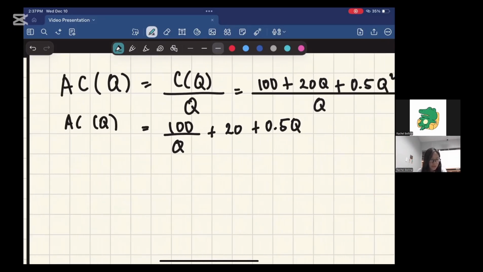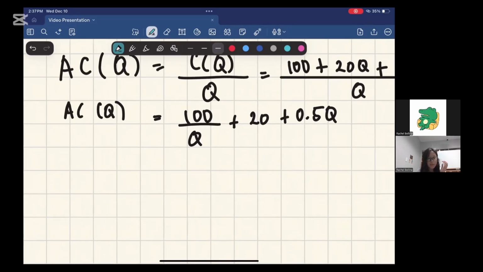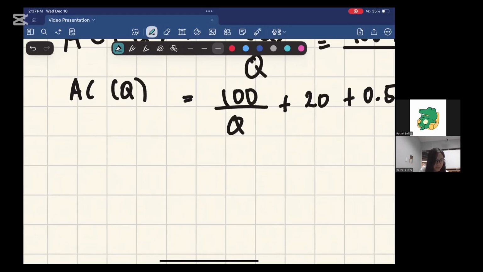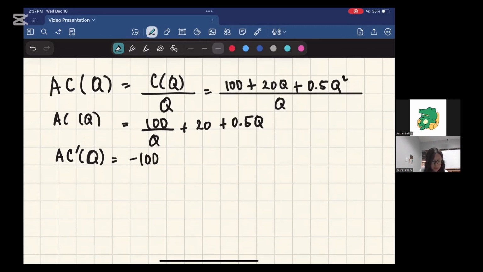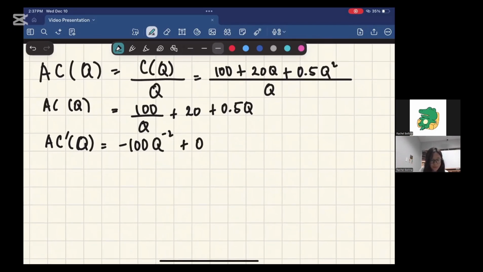And now to find the quantity minimizing average cost, we need to write down the derivative of the average cost. And it is -100 Q to the power of -2 plus 0.5 equals 0.